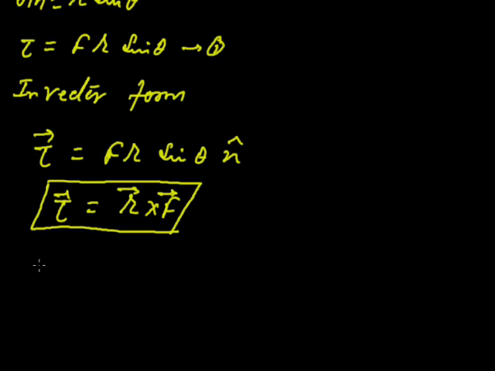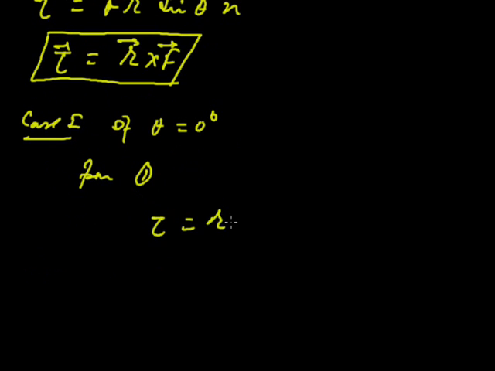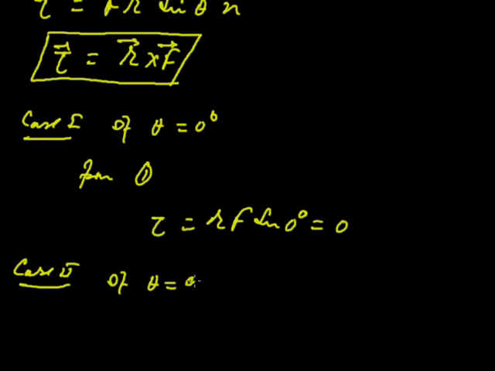Here there may be 3 cases. Case first, if theta is 0 degrees, then tau will be r F sin 0, that's 0. If r and F are in the same direction, then torque will be 0. Case second, theta is 90 degrees, then tau will be r F sin 90, which means r F, maximum.